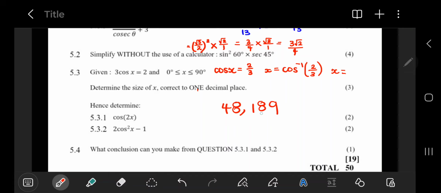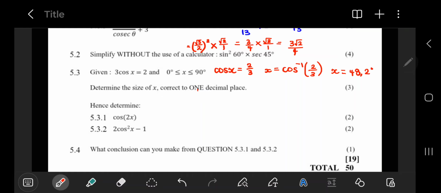If we were to get this as 2 decimal places, it would have been 48.19. However, we need this as 1 decimal place. So we're going to look at the second number, and if it's 5 and above, it changes the number before it to the next value. So this is going to be 48.2 degrees. Now, how do we know that we are correct? It's because they said that the value of x needs to lie between 0 and 90. We do have an acute angle, so that's fine.